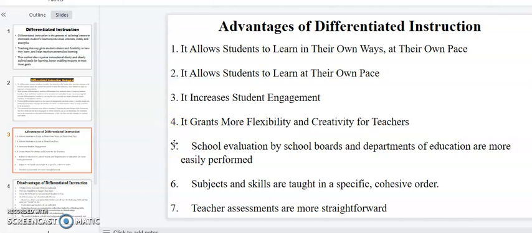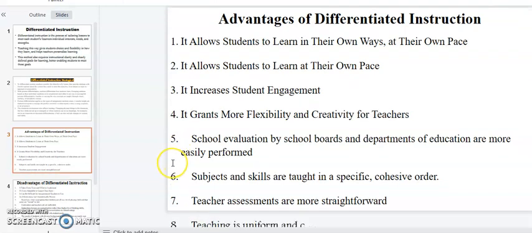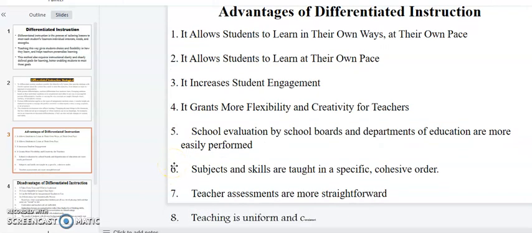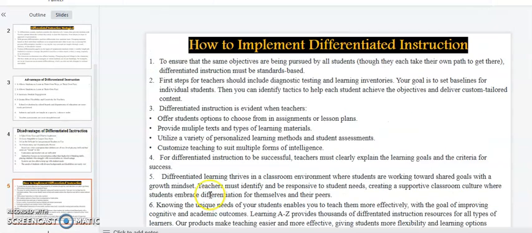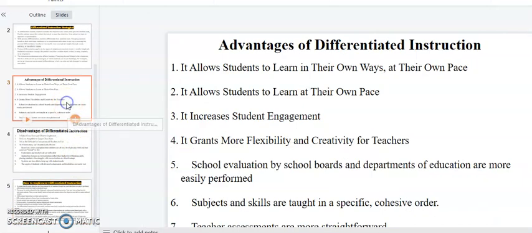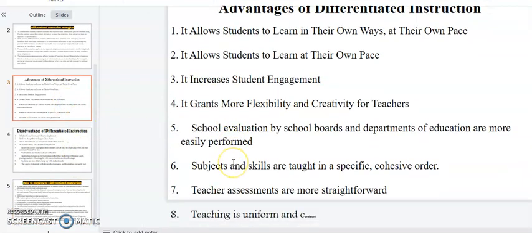School evaluation by school boards and departments of education is more easily performed. Subjects and skills are taught in a specific cohesive order. Teacher assessments are more straightforward. And finally, teaching is uniform.